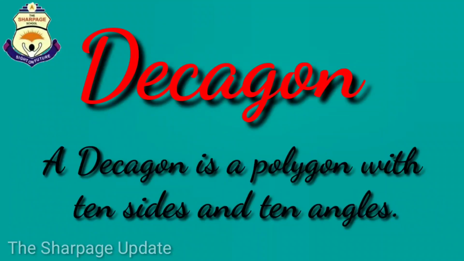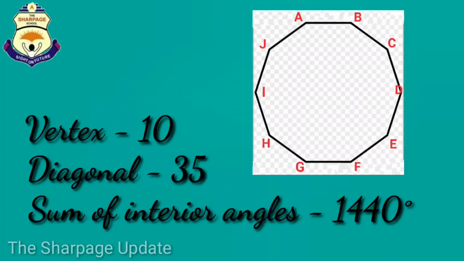Last is decagon. A decagon is a polygon with 10 sides and 10 angles. This is a decagon, and in this decagon number of sides and angles are 10 and number of vertices is also 10. And in a decagon number of diagonals is 35 and sum of interior angles is 1440 degrees.